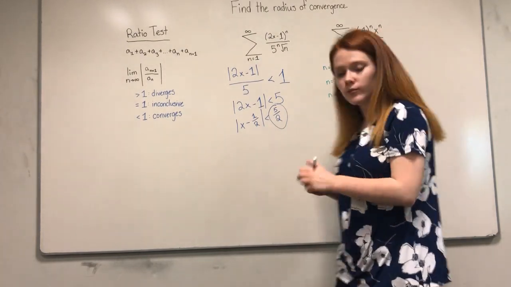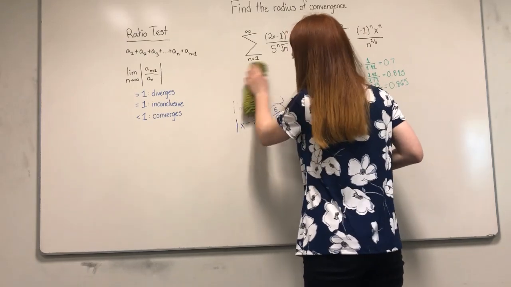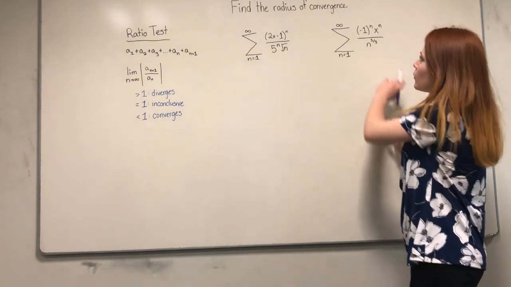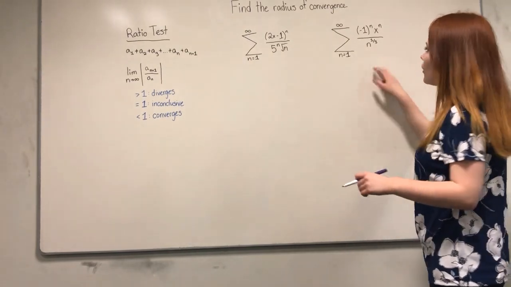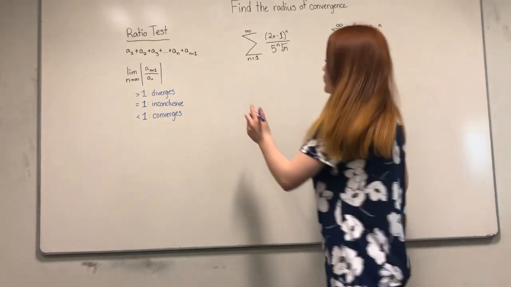So we can do one more problem to see how that works. All right, so let's work one more problem with this. We have negative 1 to the n times x to the n all over n to the third. And so what do we do? We apply the ratio test.